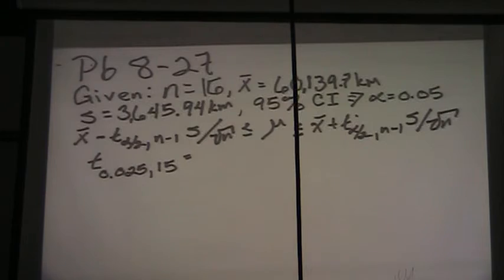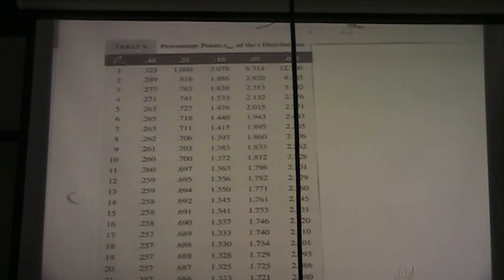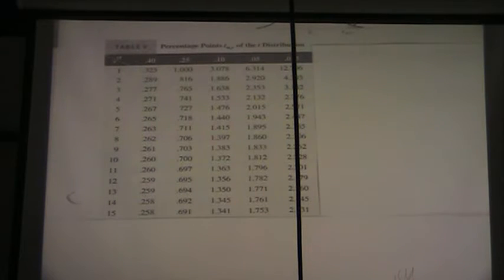Using a well-worn theme, I'm going to put down my sheet of paper by the 0.025 column, and under my n minus 1 equals 15 row.